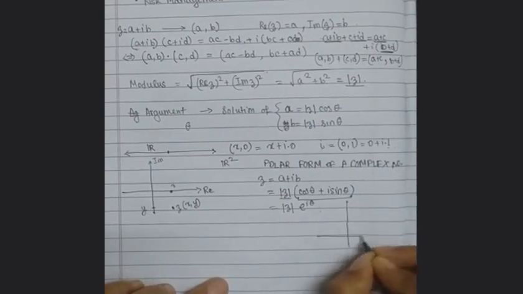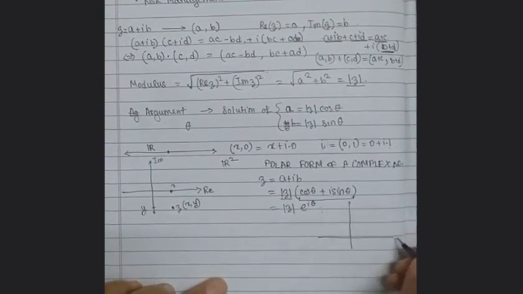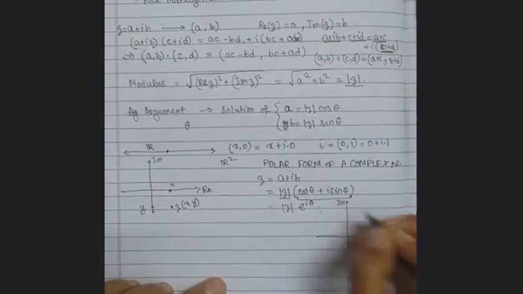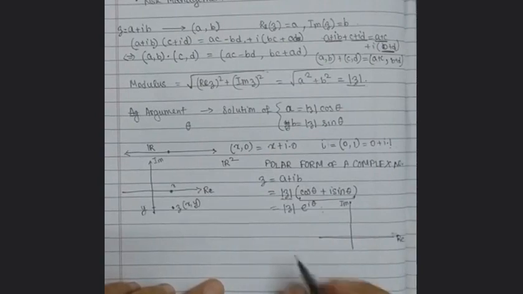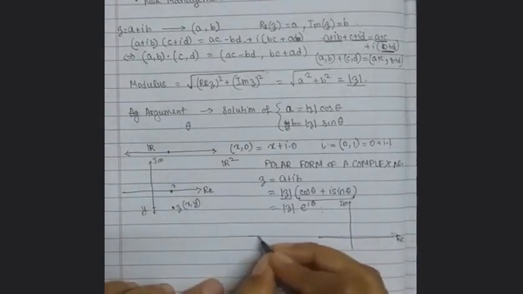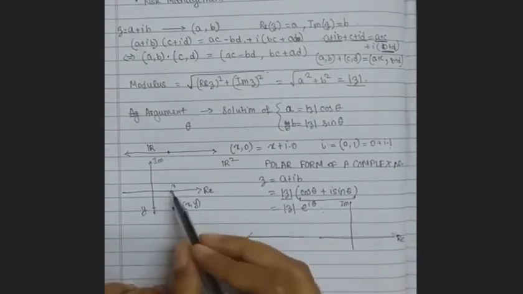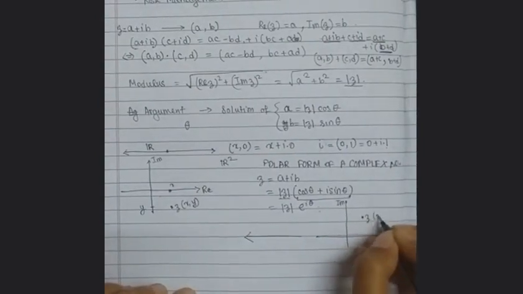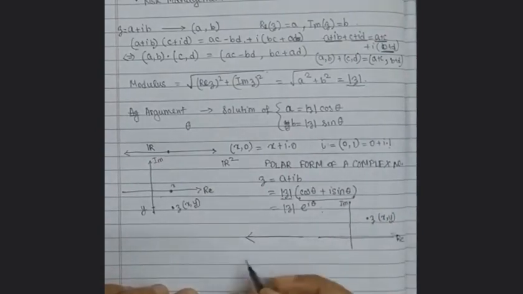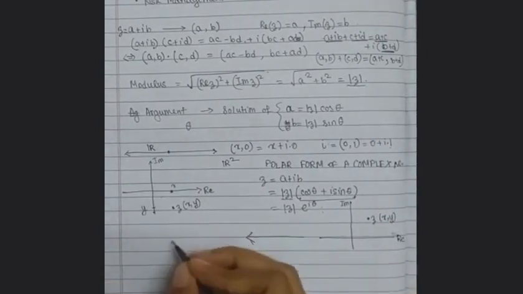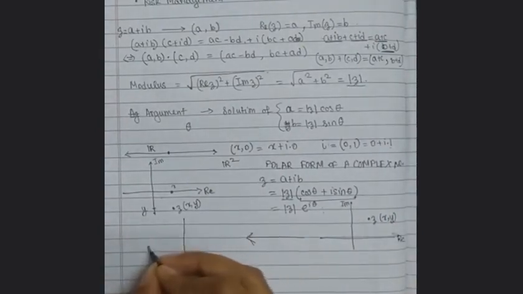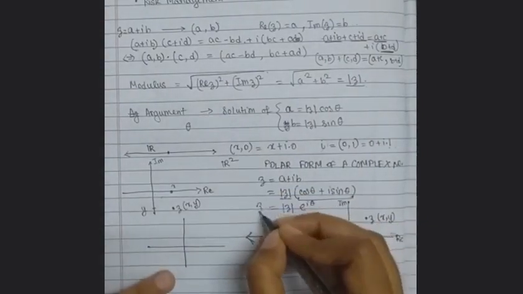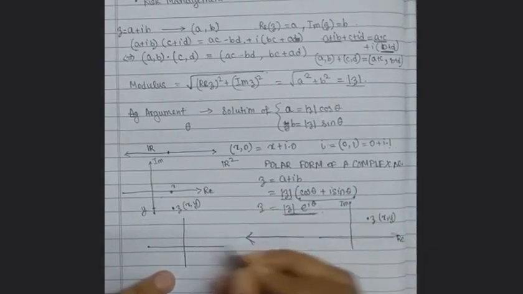So if we draw a diagram, and if this is our real axis, this would be our imaginary axis, right? So the point z here, which is (x, y), gets changed into the polar form of our number, which is z equal to mod z e^(i theta). And what is that?